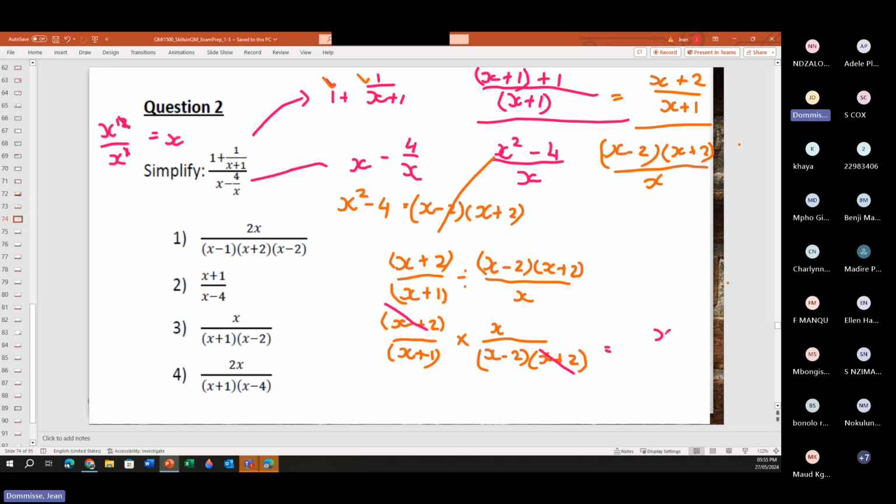So we've got x over x plus 1, x minus 2. x plus 1, x minus 2. Okay, so sure, not a quick one, not an easy one, quite a lot of work that we needed to do in this one.